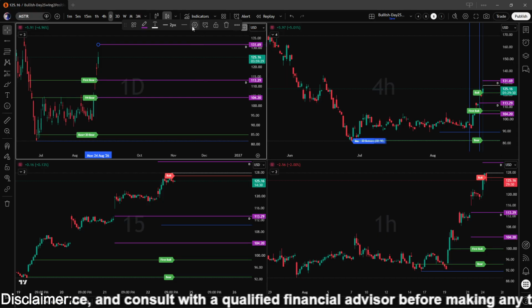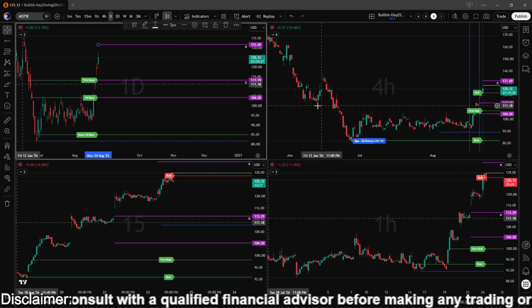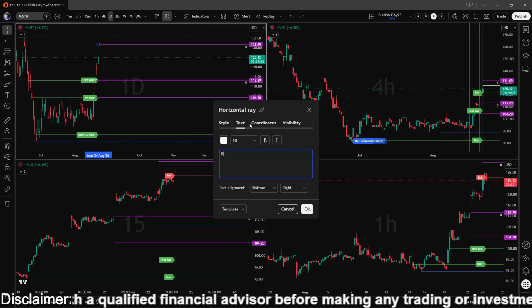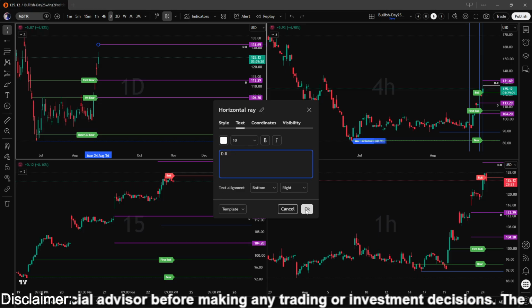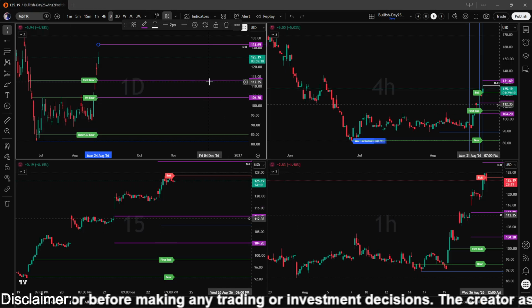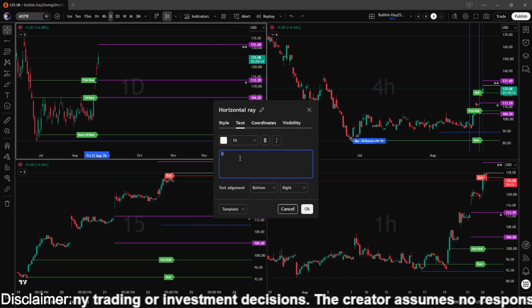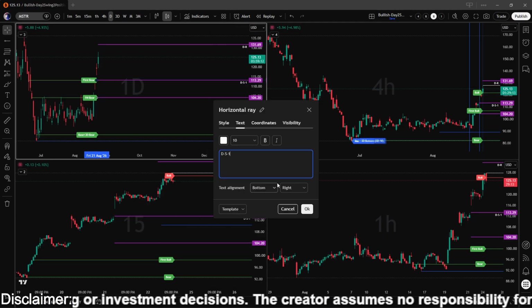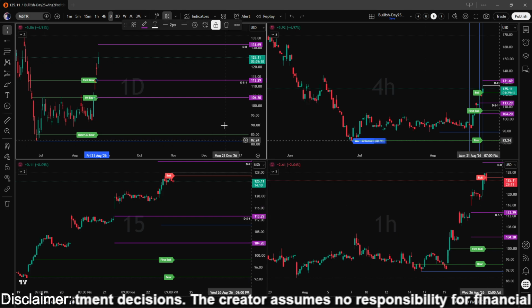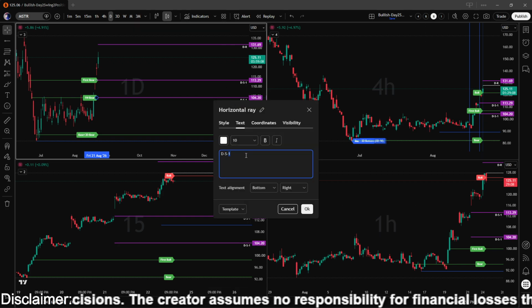This is daily resistance, and we have daily support 1, and then this is going to be support 2.